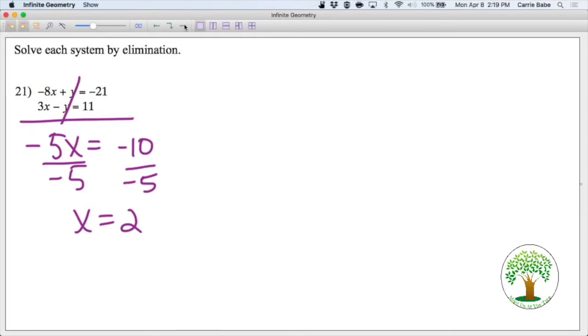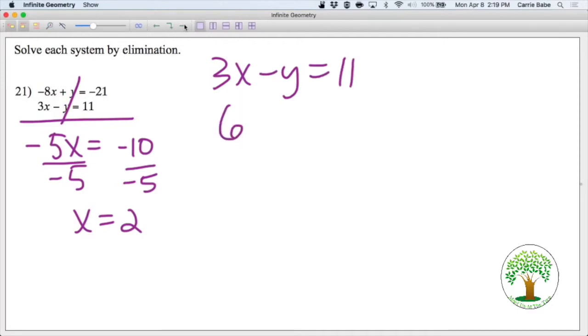We get to choose. I'm giving you a choice: the top one or the bottom one? Are we plugging it into the negative 8x or the 3x? The 3x. 3x minus y equals 11. I'm going to plug the 2 in for that x.